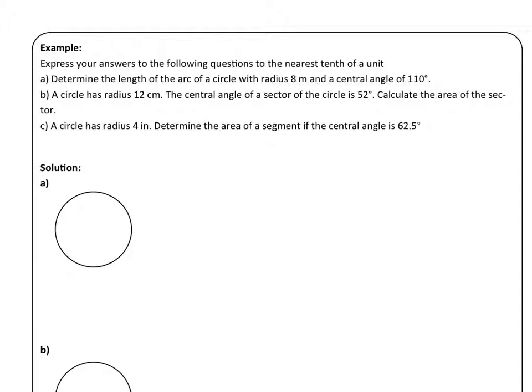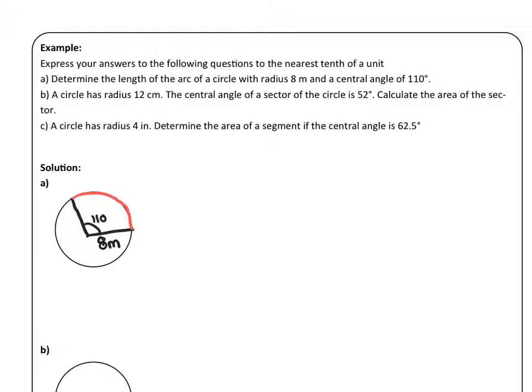All right, so here's a couple examples. We're going to express answers to the following questions to the nearest tenth of a unit. For A, we're going to determine the length of an arc of a circle with radius 8 meters and a central angle of 110. If I were to draw this, I would have an angle of 110 and my radius at 8 meters, and what I'm finding is the distance from here to here.